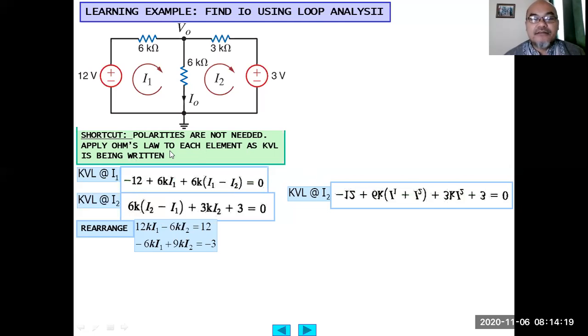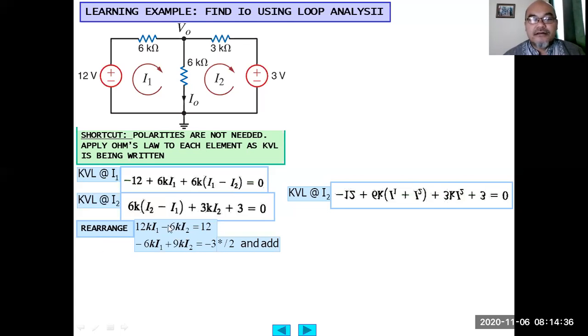KVL for I2 becomes negative 6K I1, then 6K I2 plus 3K I2 becomes plus 9K I2 equals 3, moved to the right hand side of the equation, becomes negative 3.